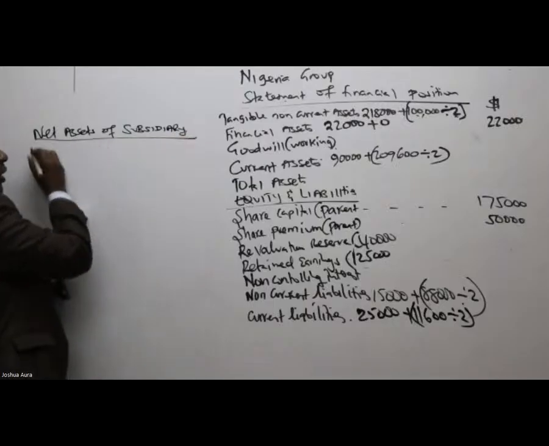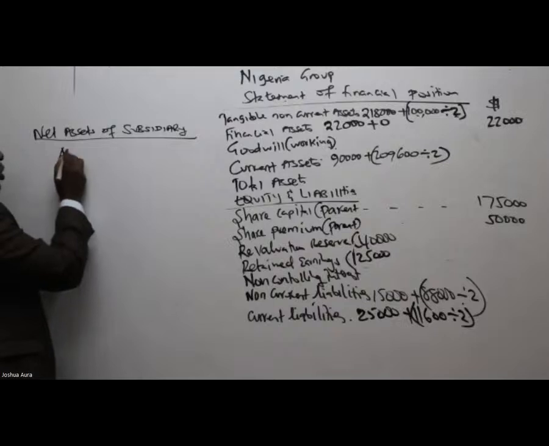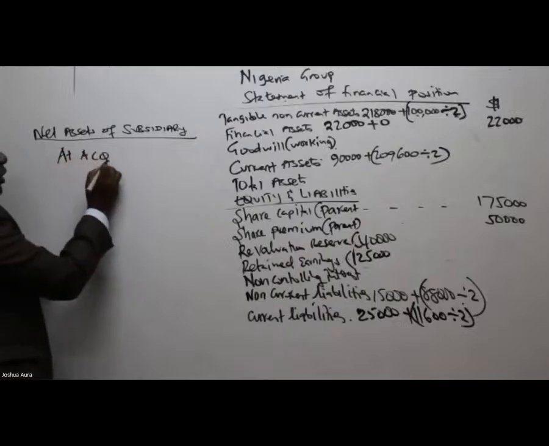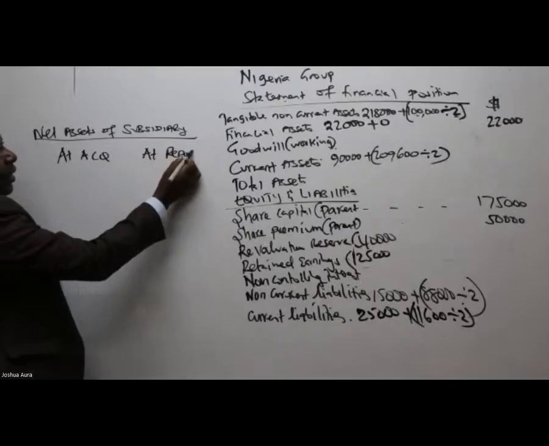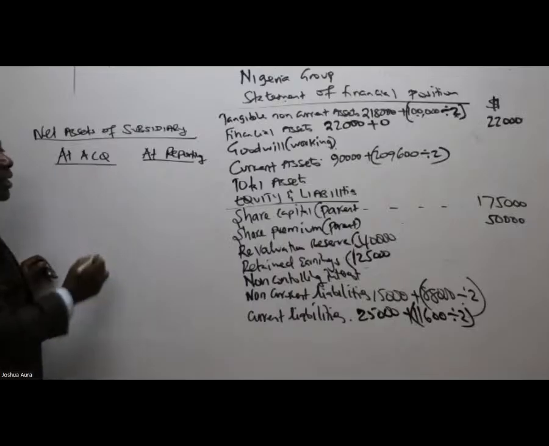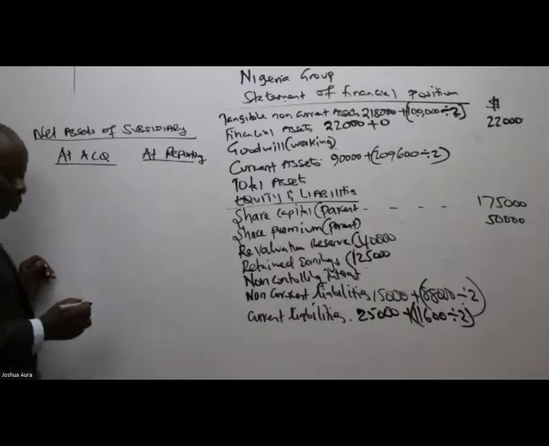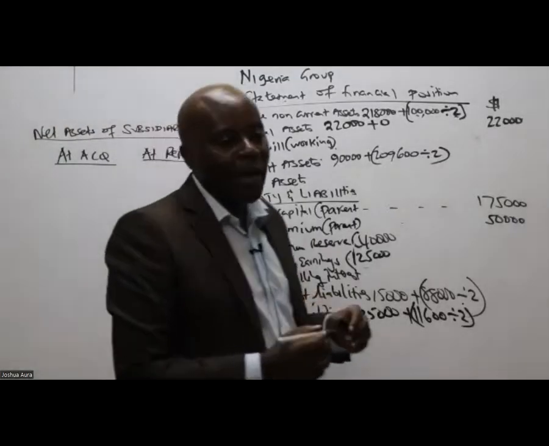Remember, for net assets, we have to give net assets at acquisition and at reporting. Two of them. At acquisition and at what year? At reporting. So could you be kind enough and give me examples of net assets? When they talk of net assets, what comes to your mind?